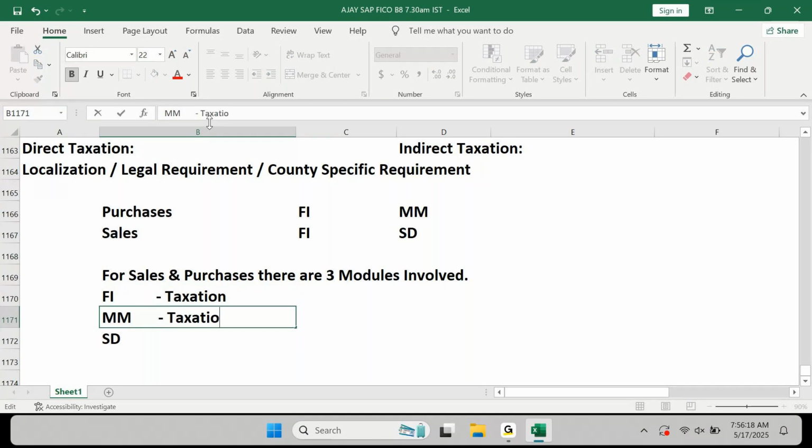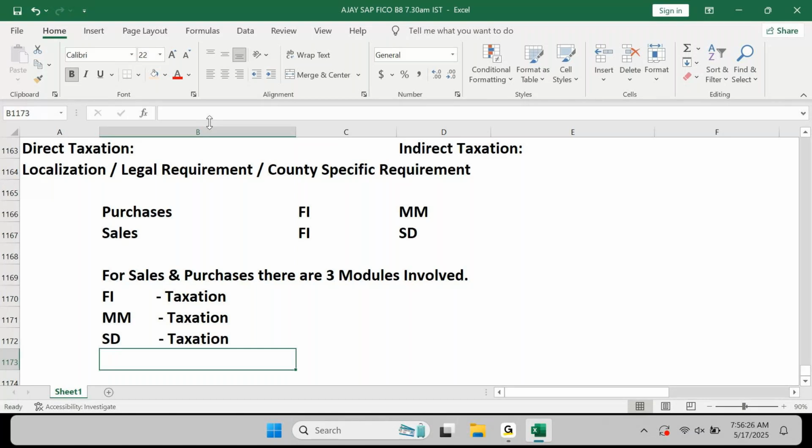MM taxation is there. SD also has taxation. In short, is taxation only the FI consultant's task? FI, MM, SD, three consultants' task. It is a three-consultant task in any project. Don't think only the FI consultant will work on tax, then you're wrong.